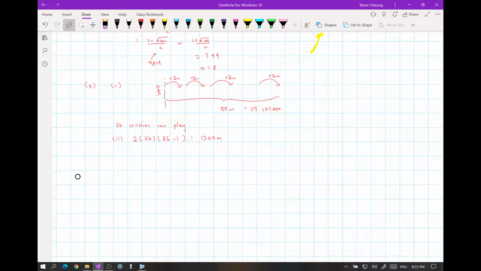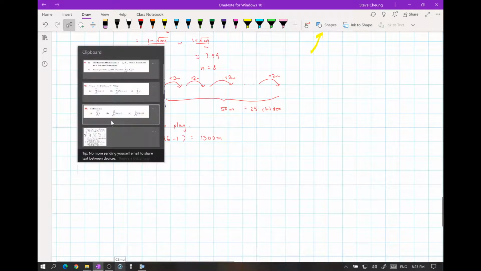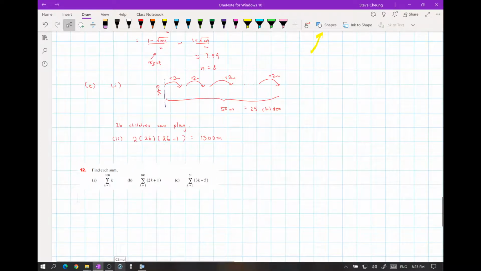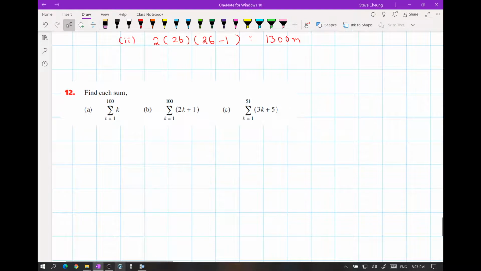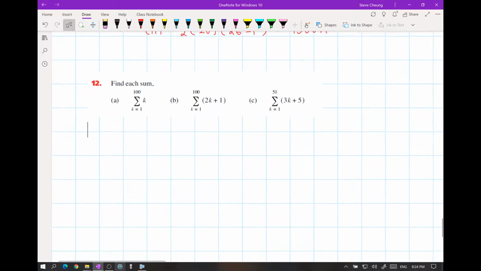Okay, finally, we have the last question. The summation one. Now for summation questions, I will recommend you do the first and the last term. So here, when k is 1, that's 1. And then when k is 2, I'll just write down a few terms.